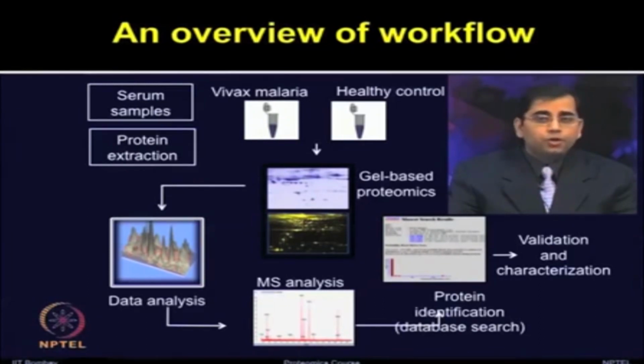vivax in human serum. Serum samples were obtained, proteins were extracted, and the protein samples were compared from the healthy and vivax patients by applying gel based proteomics, including two-dimensional electrophoresis and difference in gel electrophoresis.